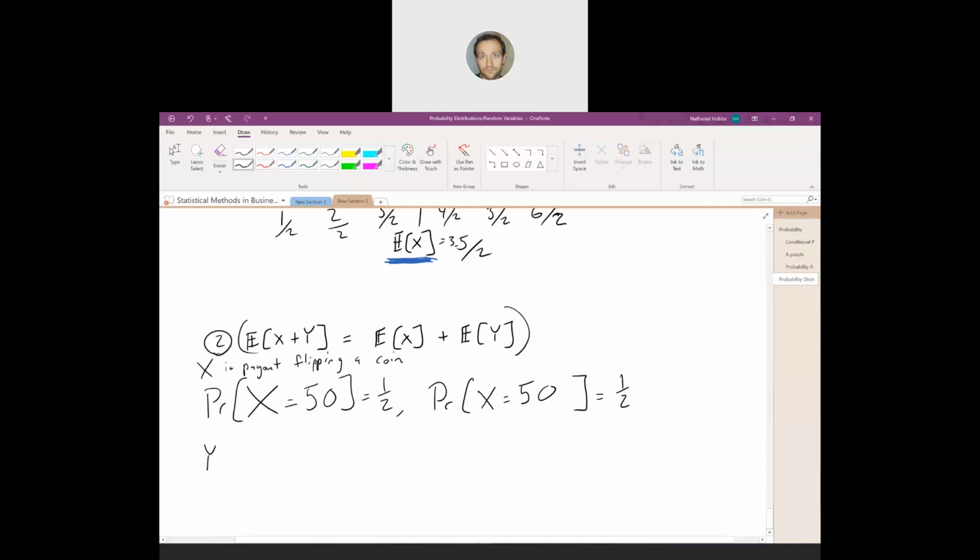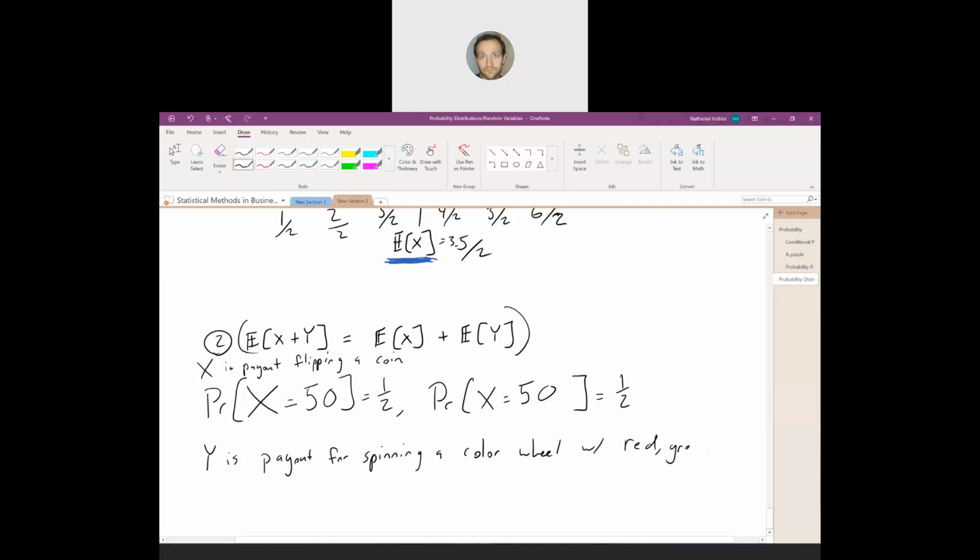And I'll say y is payout for spinning a color wheel. So let's say with 3 colors. Trying to keep this small.